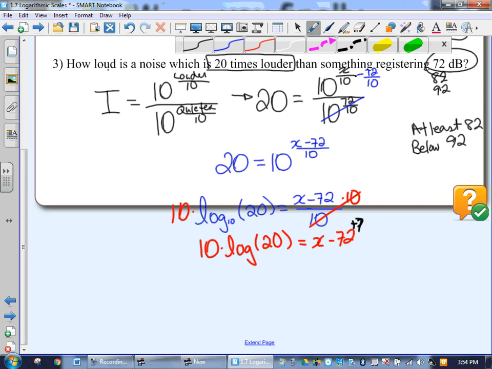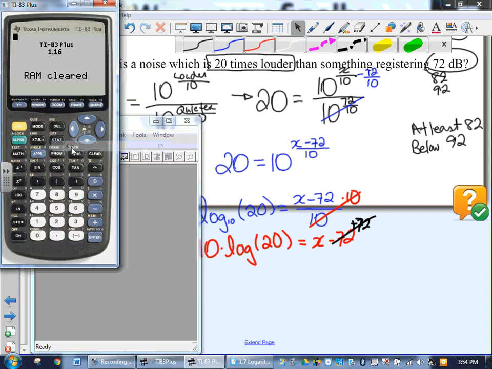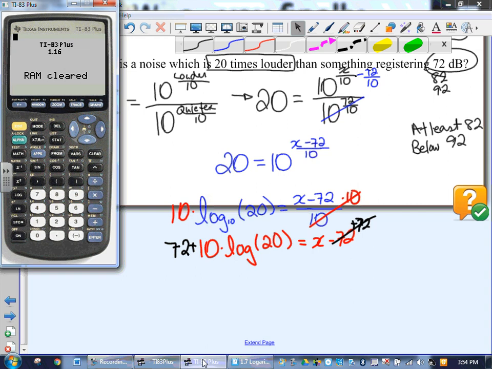And let's see what we get. Remember, I should get an answer here between 82 and 92. So I have 7.2 plus 10 times the log of 20. Oh, sorry, that's not 7.2, that's 72. I was like, whoa, that doesn't make sense at all.